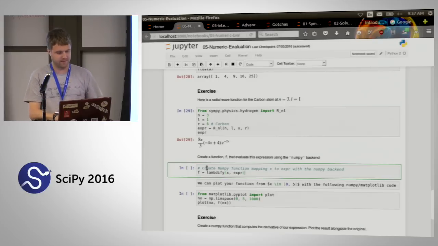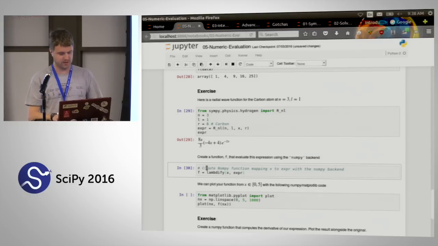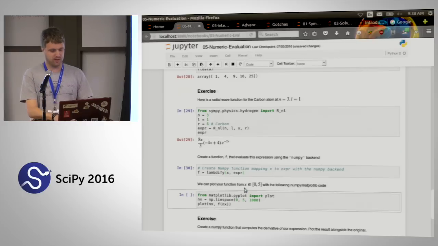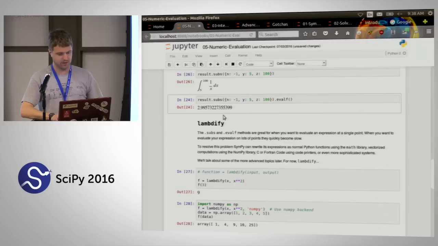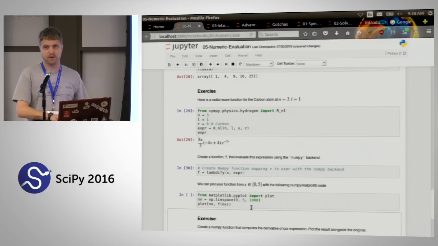Okay, the answer's pretty simple. It's just f equals lambdify of x and then this expression, expr. And by default, it's going to use NumPy. You can also pass in NumPy as the third argument, but I believe NumPy is the default.